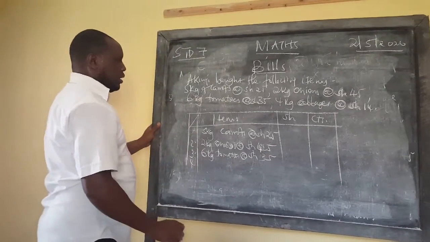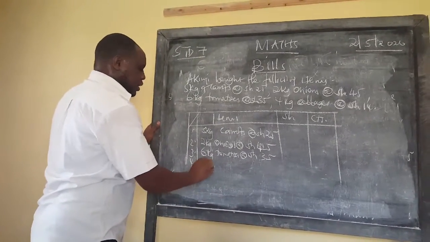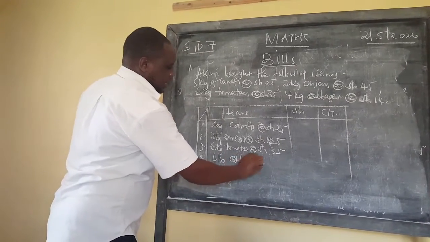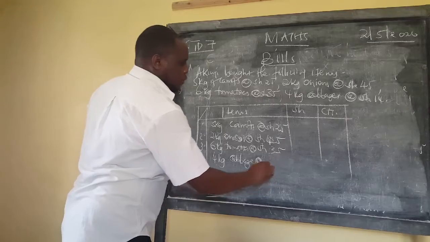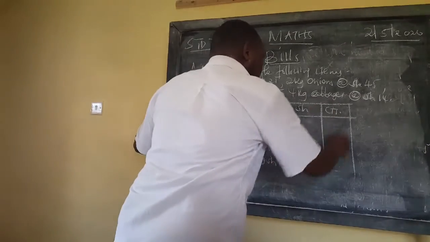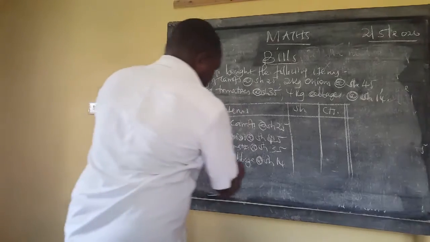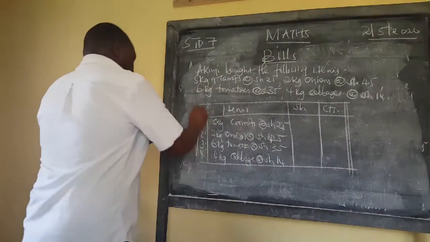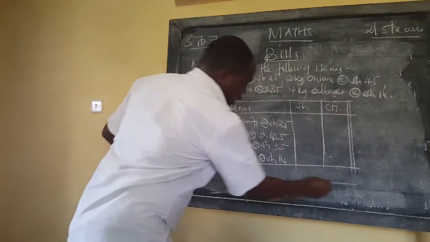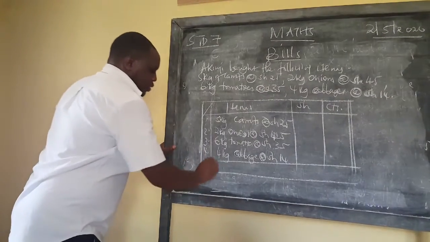Lastly, 4 kg cabbages at 14 shillings. So we need to prepare that bill. Prepare that bill very well like that. There you write the total.